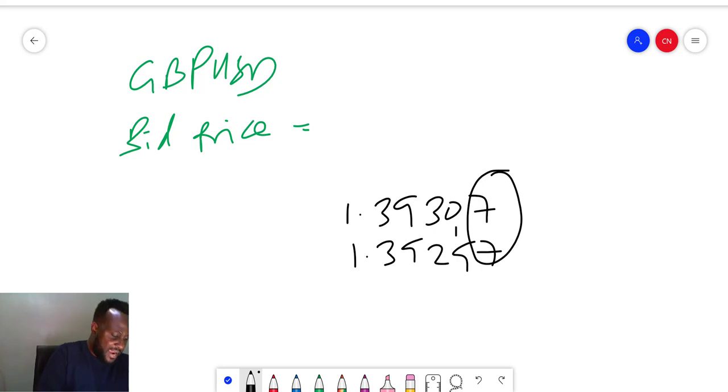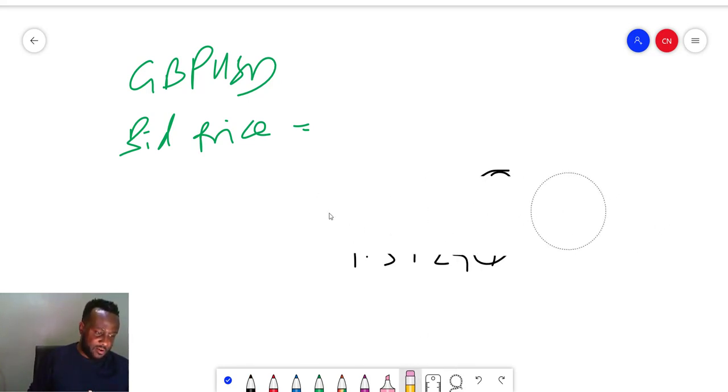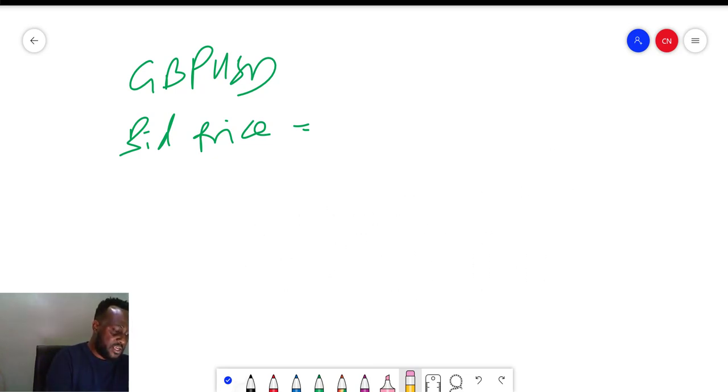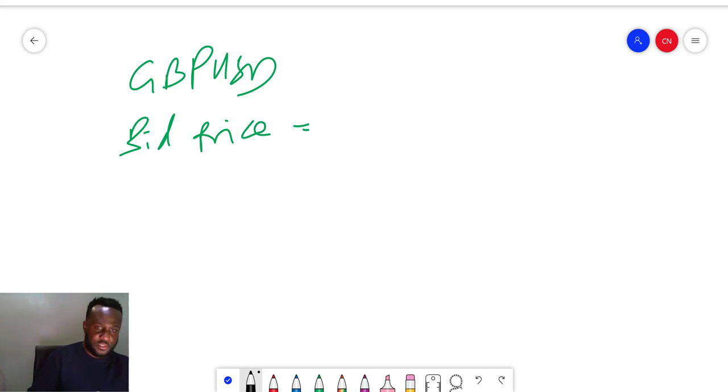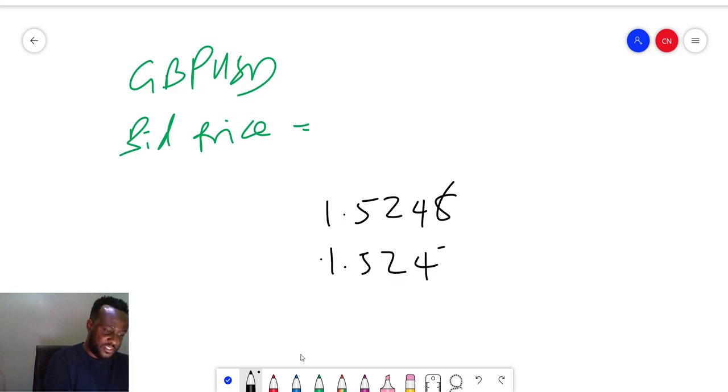So if I had a number on another currency pair, and let's just assume that it is 1.5248, yeah, 4 decimal places, non-JPY pair. If I'm going to go 1 pip down, it will be 1.5247.